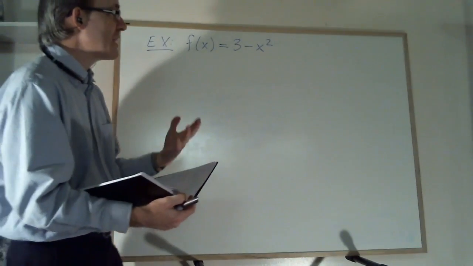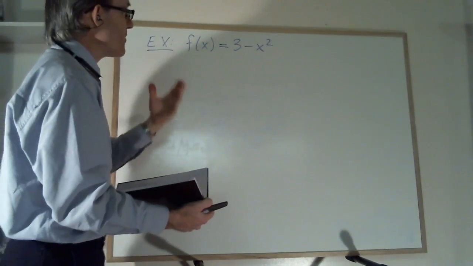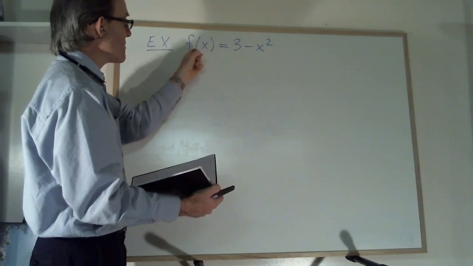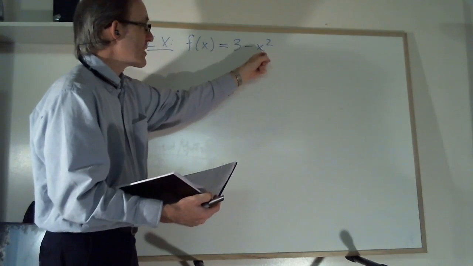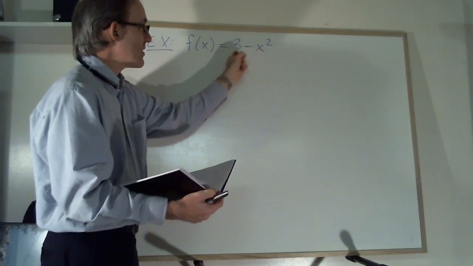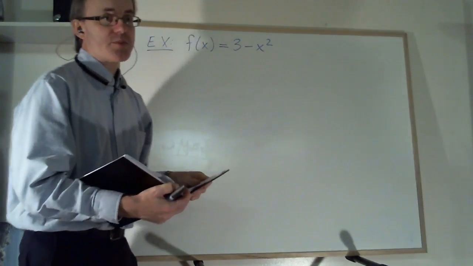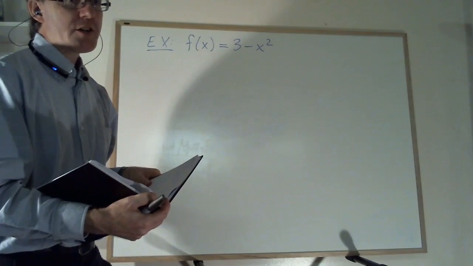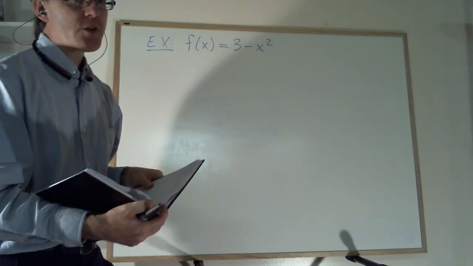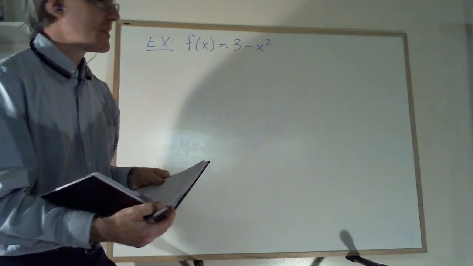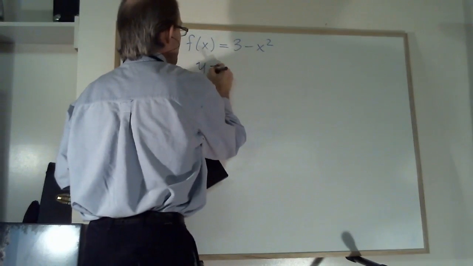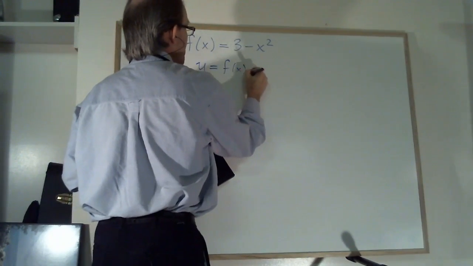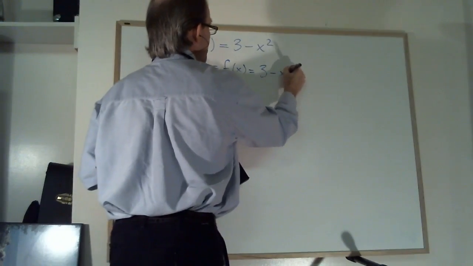So what this means is, given a value for x, in order to find the value of the function, I simply have to plug that value of x into this expression and evaluate. And that gives me the value for f of x, or the value for y. That's right. So I can also write it like this. y is equal to f of x is equal to 3 minus x squared.